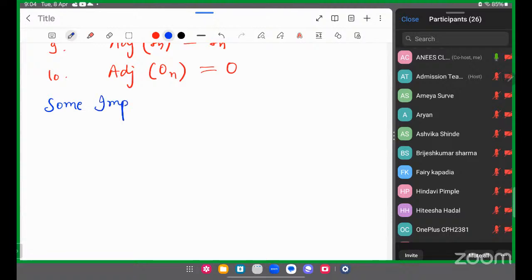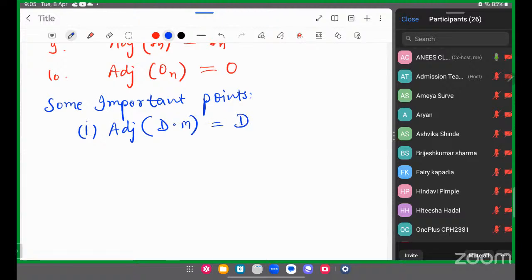Some important points. First one is, if we are taking adjoint of a diagonal matrix, the resultant matrix will also be a diagonal. So I will write it as adjoint of a diagonal matrix will be a diagonal matrix. Second, adjoint of a triangular matrix, whether it is upper triangular or lower triangular, will be a triangular matrix.